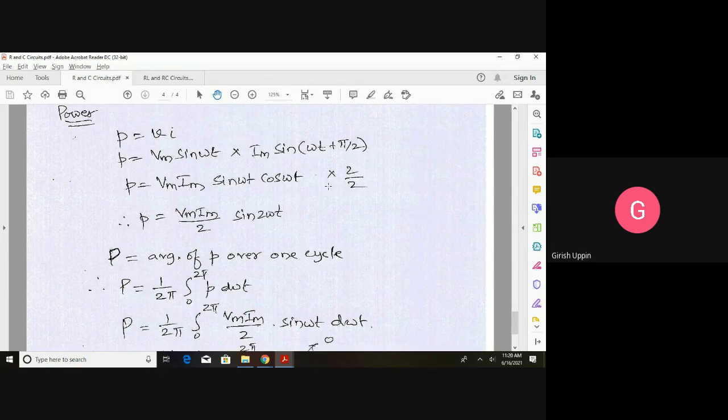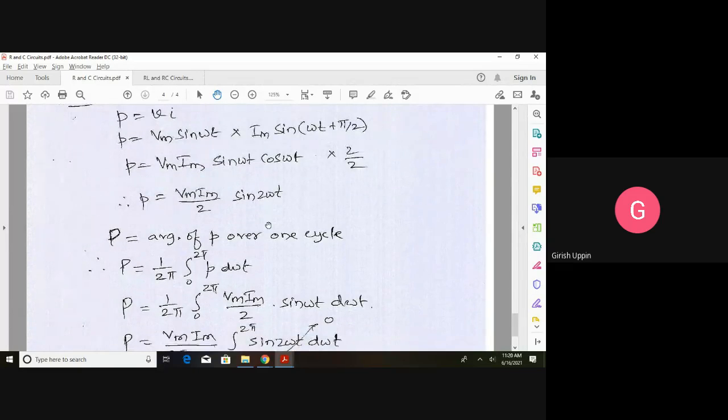If you multiply this by 2, 2 into sin omega t into cos omega t is sin 2 omega t. Therefore, the instantaneous value of P is given by Vm into Im divided by 2 into sin 2 omega t. And now we have to find the average power consumed in one cycle.